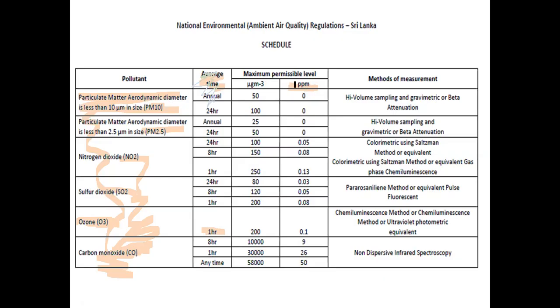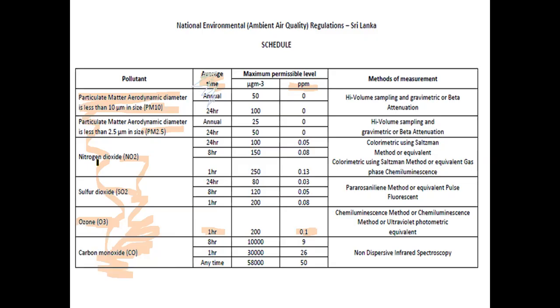When we consider the ppm, the ozone gas maximum permissible level is 0.1 ppm for 1 hour average time. What does that mean?